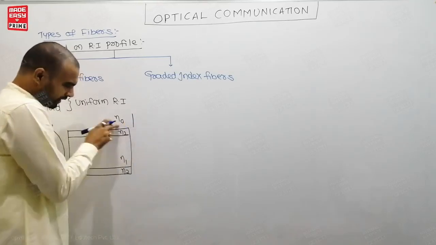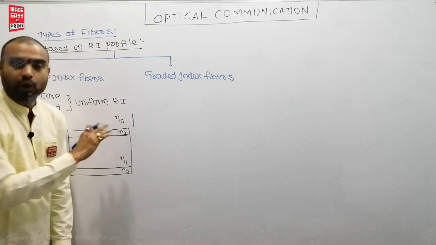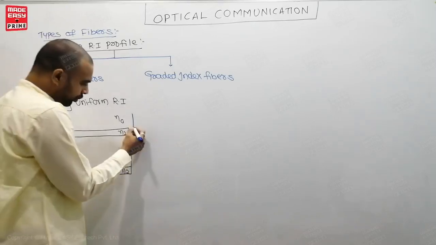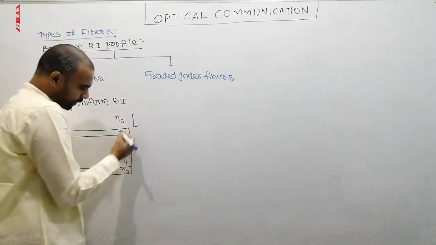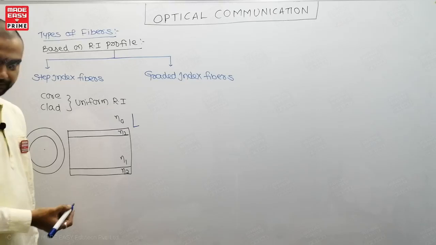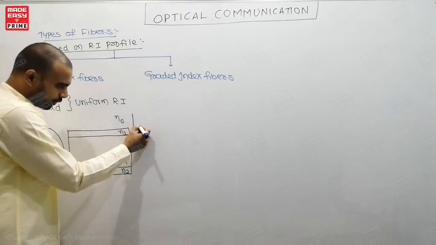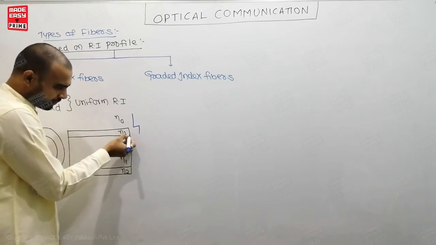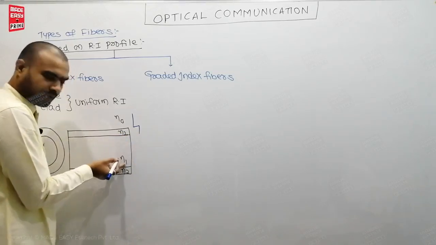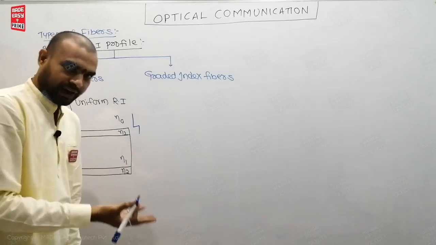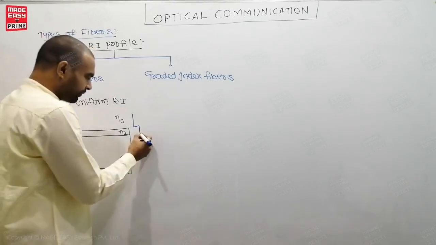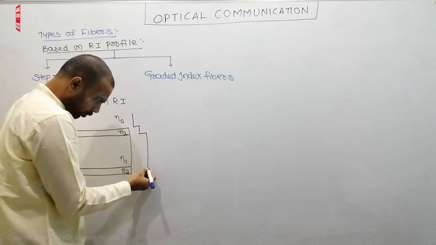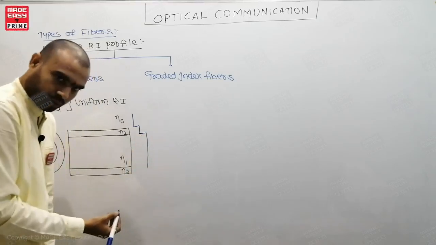At this boundary, the refractive index changes from N0 to N2, and N2 is greater than N0. N2 remains uniform throughout the cladding. At the next boundary, N2 changes to N1, so N1 is greater than N2, and it remains uniform throughout the core.